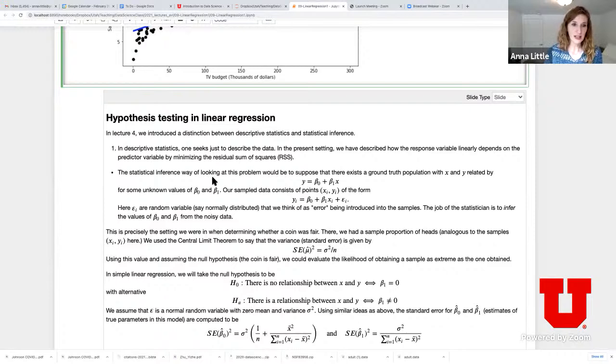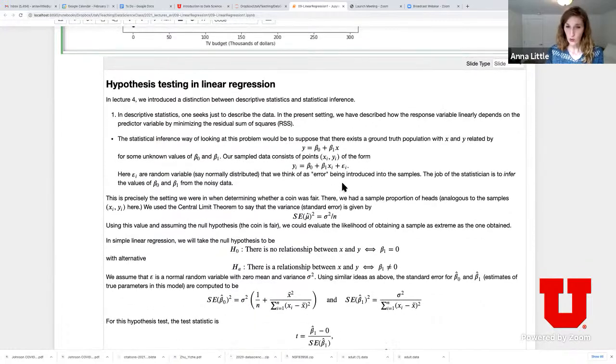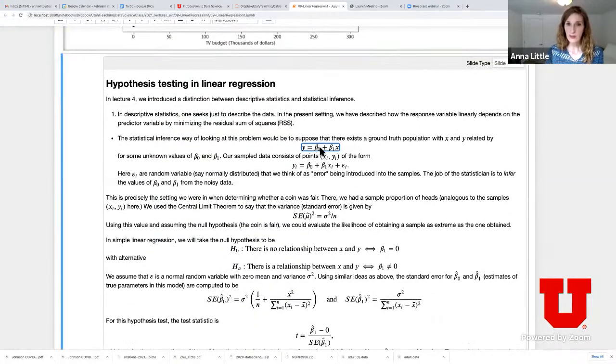But the statistical inference way of looking at this problem would be to think about it in the following way. So we suppose that there is a ground truth population with X and Y related by Y equals beta 0 plus beta 1X. So we suppose that there is some population parameter beta 0 and population parameter beta 1 that are the ground truth for the population, but that we don't get to observe directly.